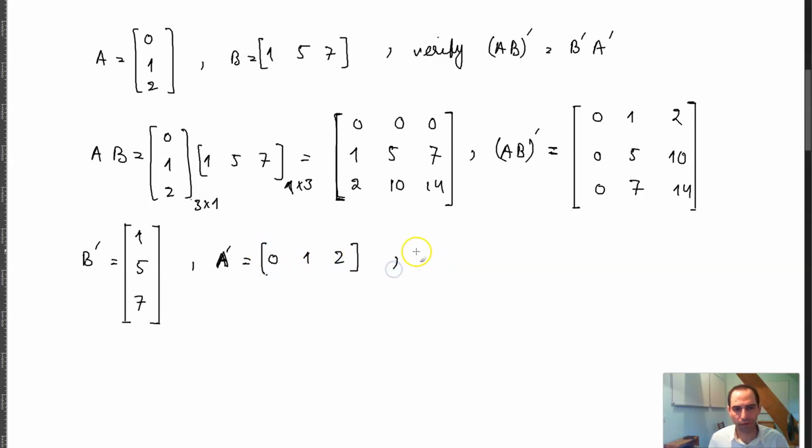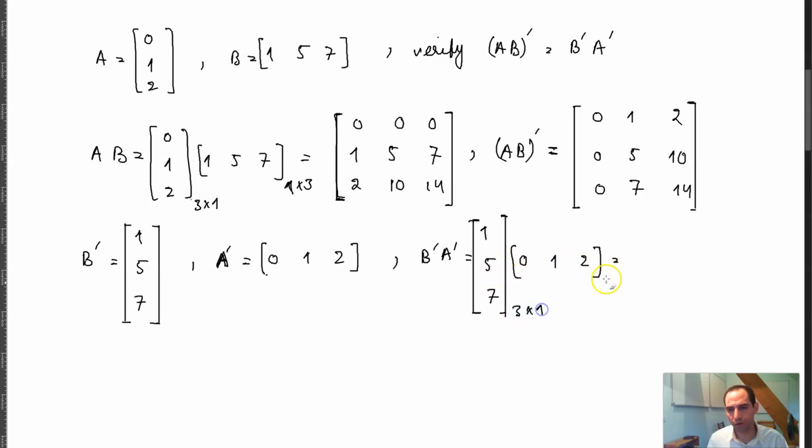Therefore B prime times A prime is equal to 1, 5, 7 times 0, 1, 2. You will get a 3 by 1 times a 1 by 3, so basically a 3 by 3 matrix.